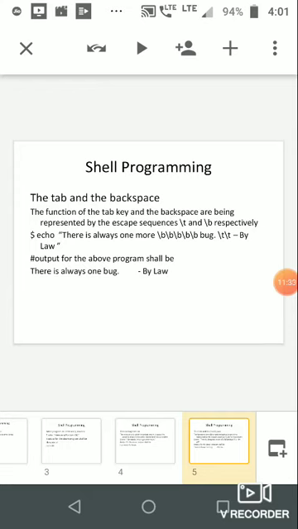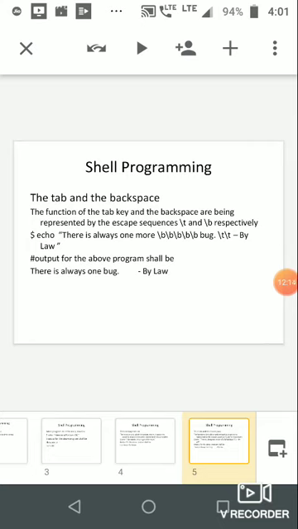So the first part in the same sentence that we have written is "There is always one more", then here a number of backspaces with the help of the escape sequence \b. Then we have written a pair of tabs, that means \t\t, that is a pair of \t means a pair of tabs, then it's a backslash character \t, then we have written hyphen by law.